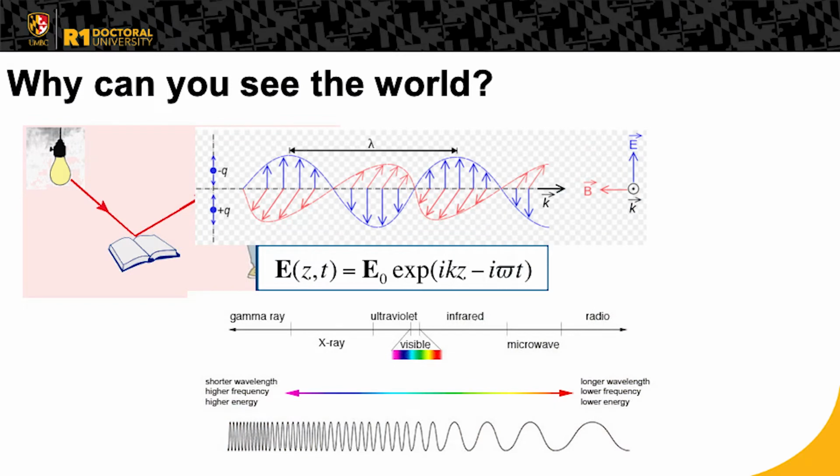First is why can you see the world? Simply because there are 3 elements in the remote sensing world. Light source, right? Emit light, hit a target, and get into your eyes. That's the reason that you can see. The medium is electromagnetic waves, right?